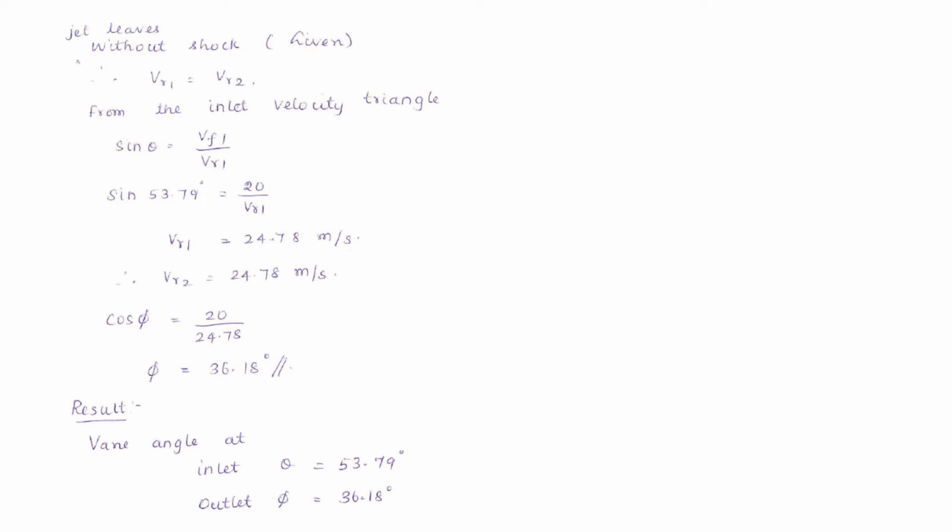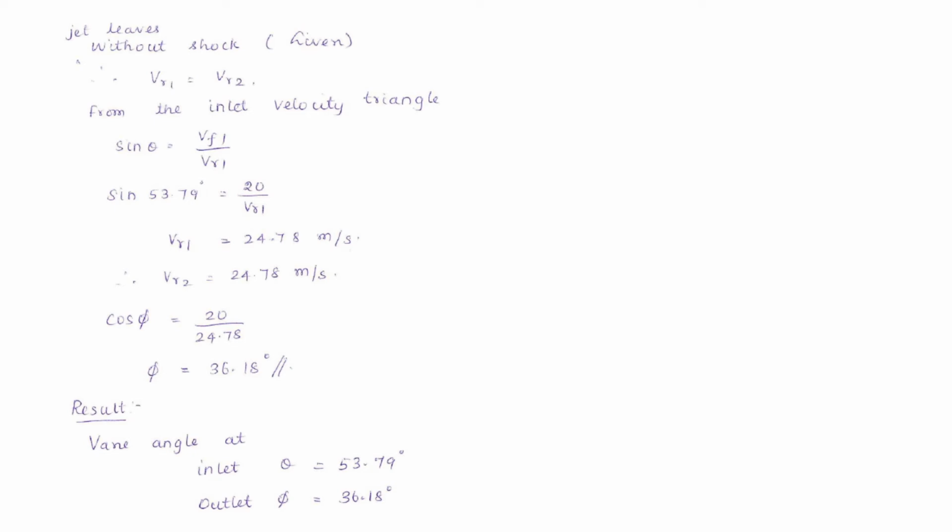For that, they have given one hint in the problem. What is that hint? Jet leaves without shock. What does that mean? We can take Vr1 is equal to Vr2. That is, whatever value we get for Vr1, you can take the same value for Vr2. Okay. So we need to find out what is Vr1. That we can find out easily by using the inlet velocity triangle.